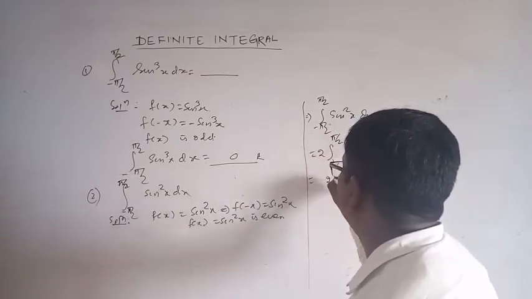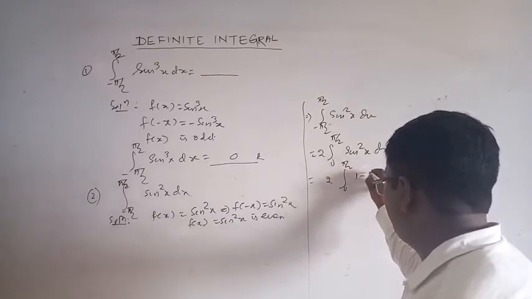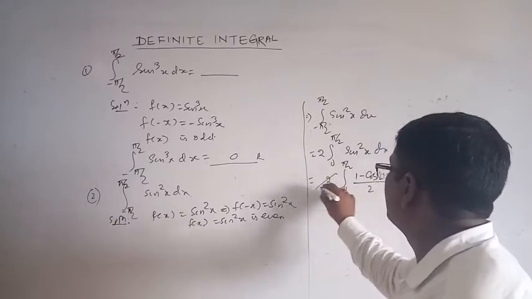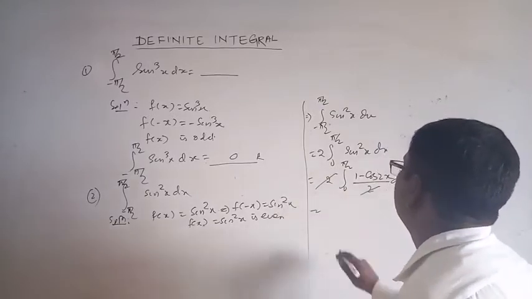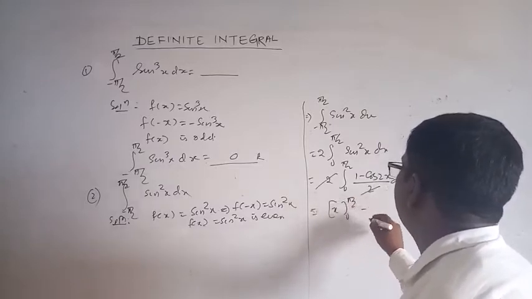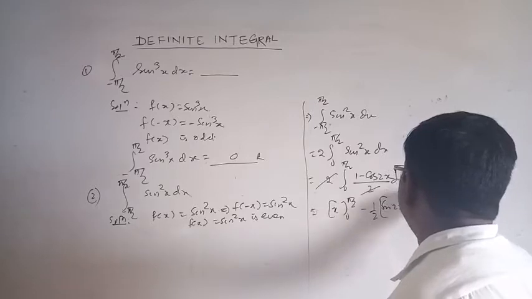So 2 times the integral from 0 to pi by 2 of sin square x, this is the integral from 0 to pi by 2 of (1 minus cos 2x) by 2 into dx. The 2 cancels here, so that is equal to x from 0 to pi by 2 minus 1 by 2 sin 2x from 0 to pi by 2.